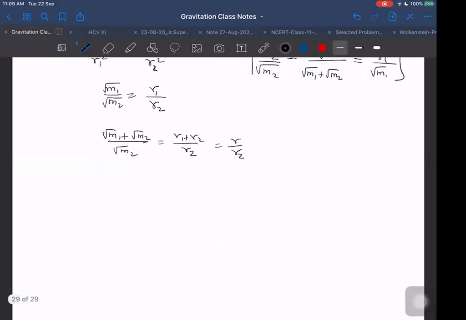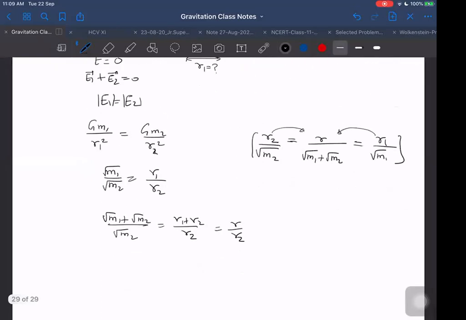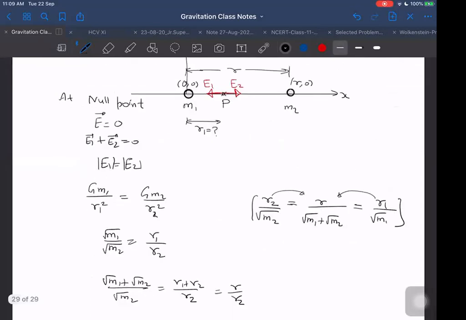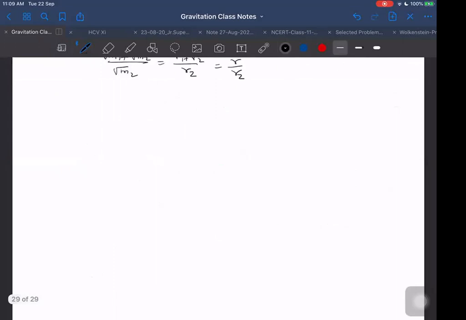Next is diagram of electric field. Let us give some coordinates here. This I can keep at origin 0, 0. This I can keep at R, 0 in xy plane. Let us say it is xy plane only. Now I want to plot the graph, electric field versus, gravitational field versus position.